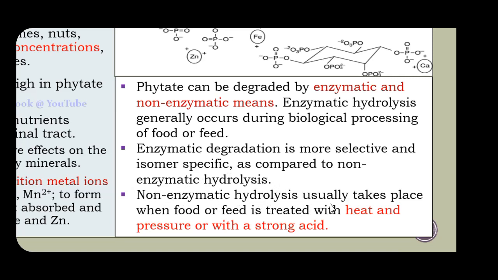Now further is non-enzymatic hydrolysis. It usually takes place when food or feed is treated with heat and pressure or with a strong acid. As we discussed in the anti-nutrient slide, I gave a list of foods which we consume daily in our lives. We consume those foods by cooking, that is, we treat the food with an appropriate amount of heat and pressure, in pressure cookers or by different methods applied during cooking.